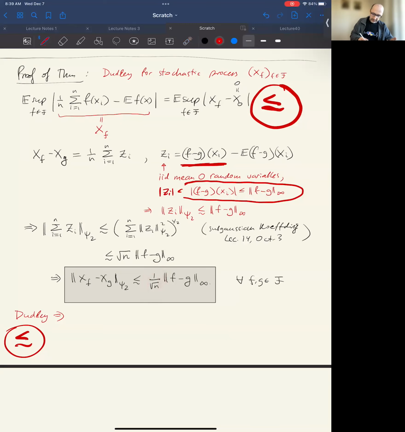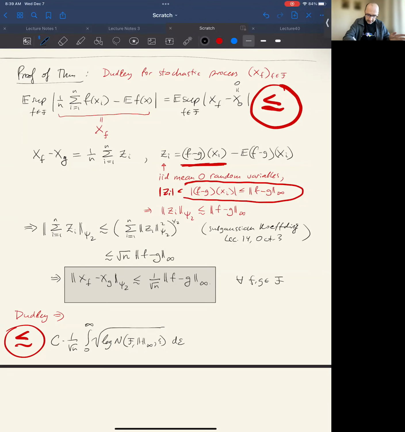So I put it in front. C times L times this integral of log of the covering number, N(F, infinity, epsilon), d epsilon. Good. That was a crucial step.